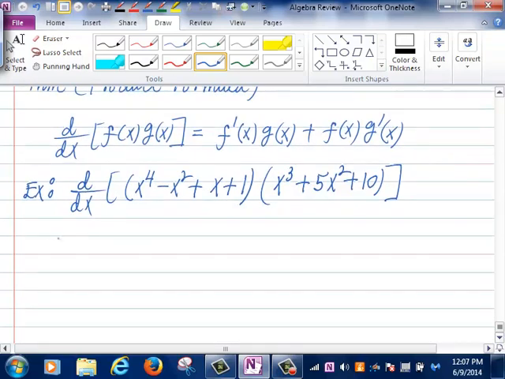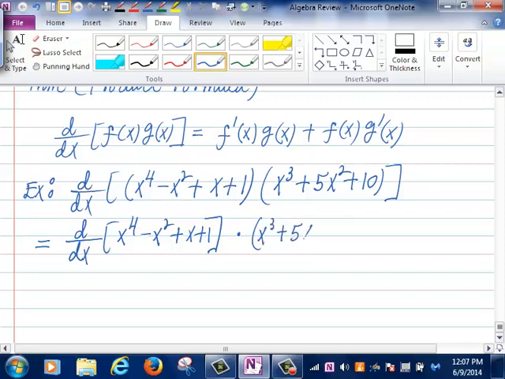So by the product formula, what is that? You take the derivative of the first factor, x to the 4 minus x squared plus x plus 1, and then you multiply that by the second factor, x cubed plus 5x squared plus 10.